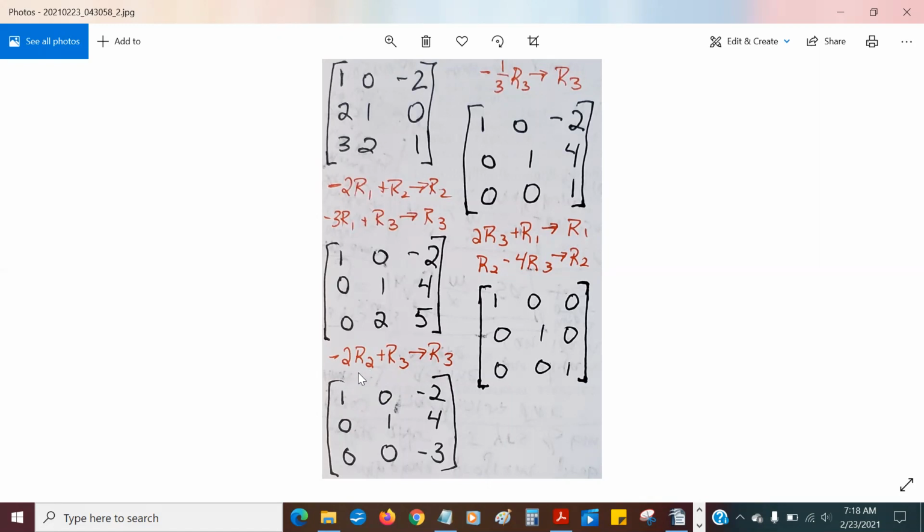Now I'm going to take -2 times row 2 plus row 3, which is my new row 3. Again, I'm trying to eliminate that 2 right there. So I have all zeros below, and I get this right here.